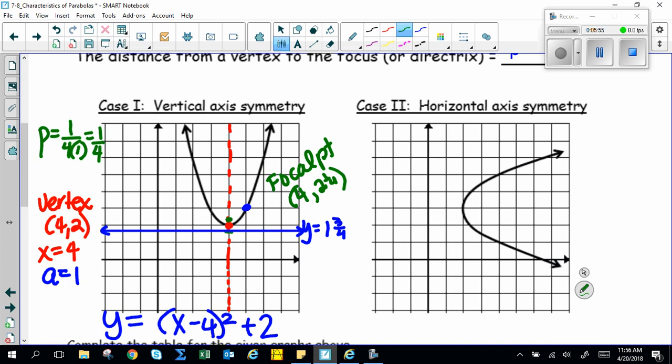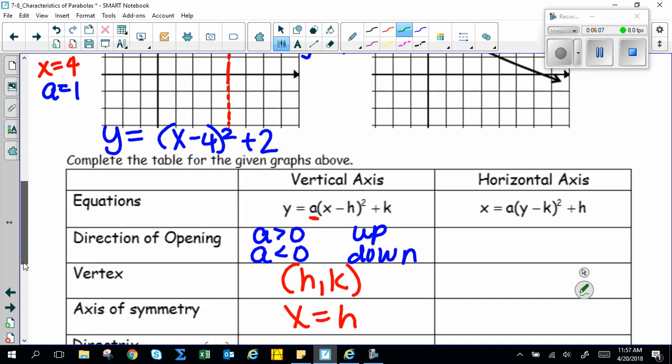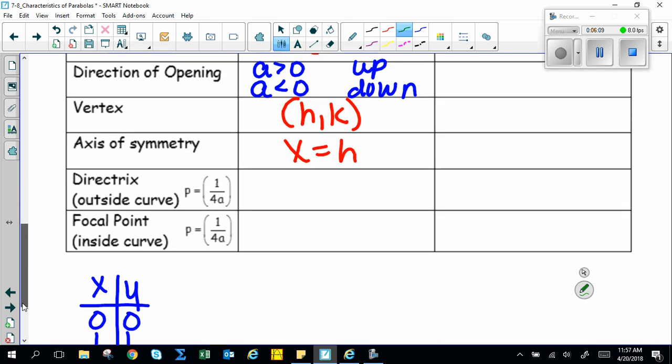All right? So I have a little formula, but note I didn't use that formula. I just reasoned myself through this. Here's the formula that you can use if you want, or you can reason yourself through it. To find the directrix, we have y equals the k value in our vertex, and we either add or subtract the p depending on if we're concave up or concave down.